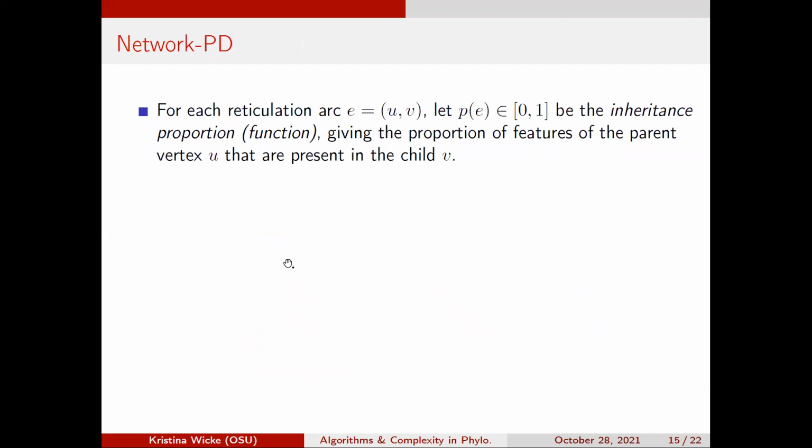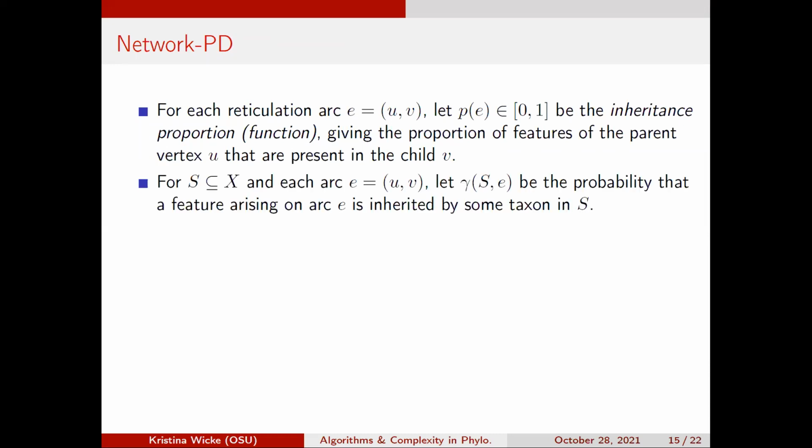For network PD, first of all, for each reticulation arc in the network, so for each arc that is directed into a reticulation vertex, we assume that we are given some inheritance proportion or inheritance probability P of E that gives the proportion of features of the parent vertex U that are present in the child V. Assuming that we're given this information, for each subset of the leaves S and each arc in the network, either reticulation or tree arc, we consider gamma of S and E to be the probability that a feature arising on E is inherited by some taxon in S.